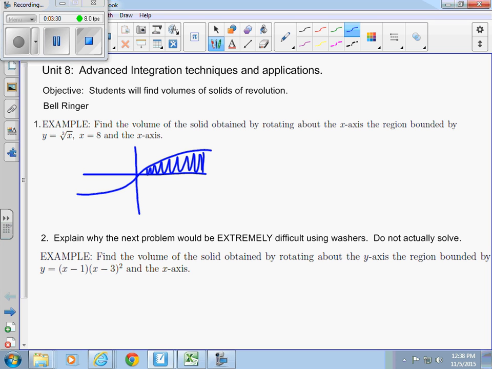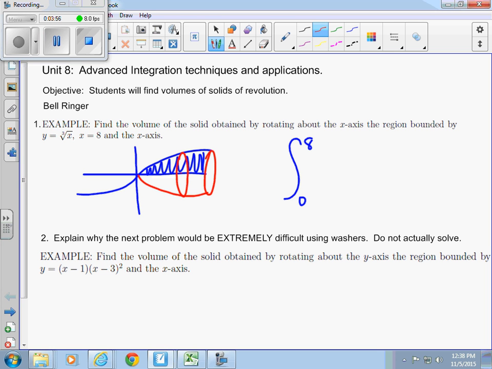So how do I find a volume? It would be from 0 to 8, of the top, which is the cube root of x, minus the bottom, which is nothing. So we're doing the radius of the disk, right? I'm rotating this around the x-axis, so I get this shape here, and I get a disk there.